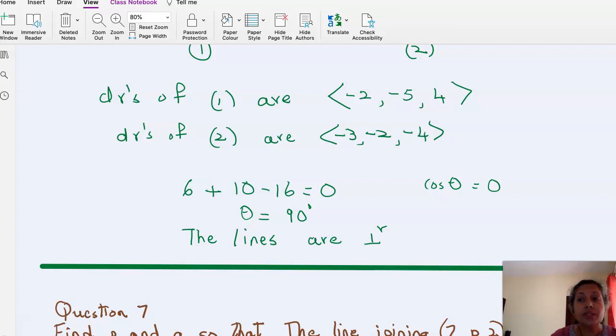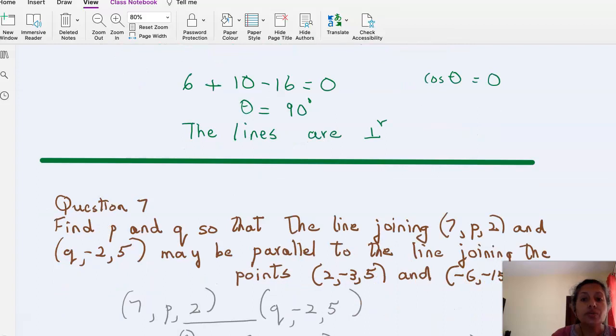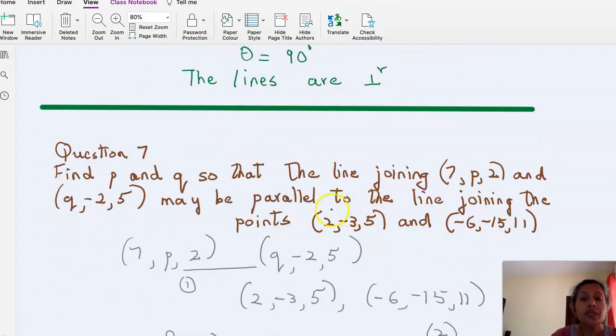So practice. The only way to learn maths is by doing mathematics. Coming to question 7. Find P and Q so that the line joining 7, P, 3 and Q, minus 2, 5 may be parallel to the line joining the points 2, minus 3, 5 and minus 6, minus 15, 11.